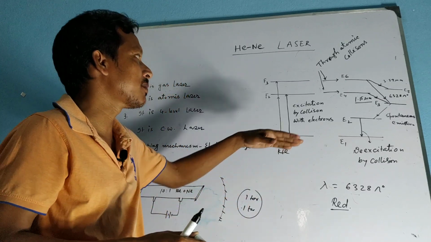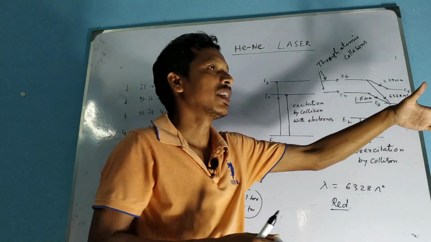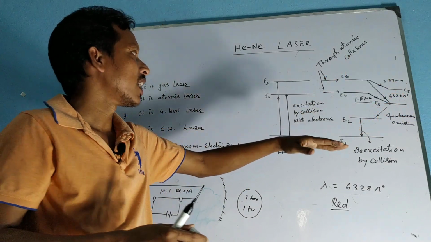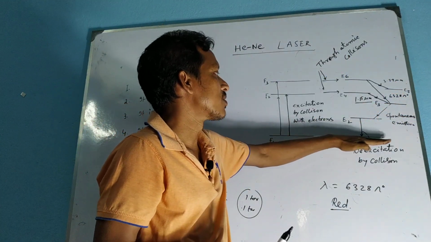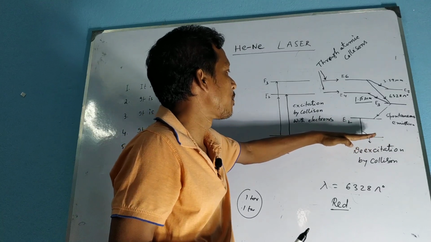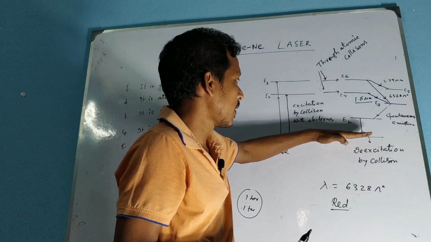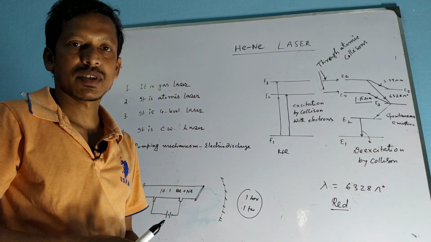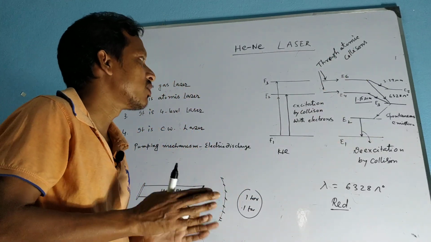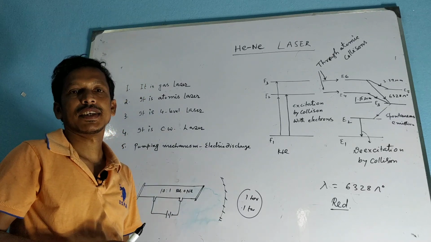So the heat energy of the neon atoms goes directly to the walls, and the neon atoms come back to the ground state. Then again we can pump the neon atoms to their metastable state, and we get laser light continuously.